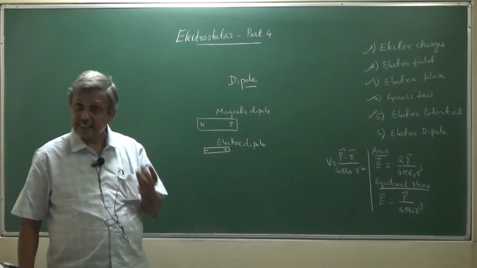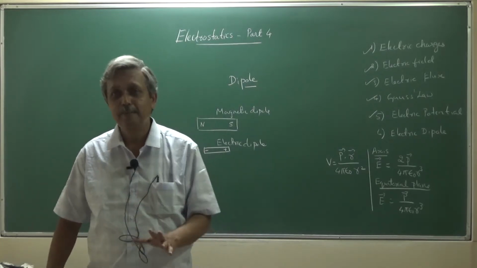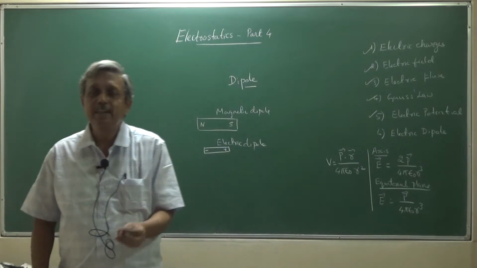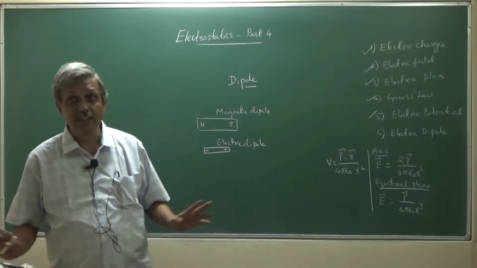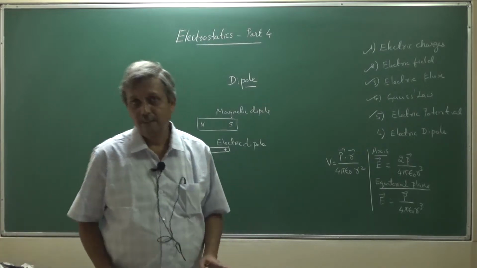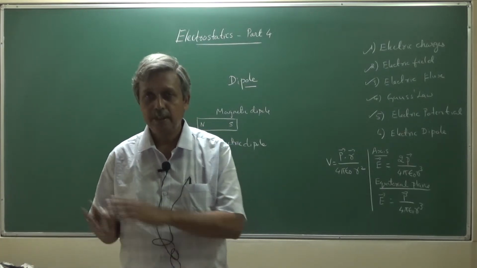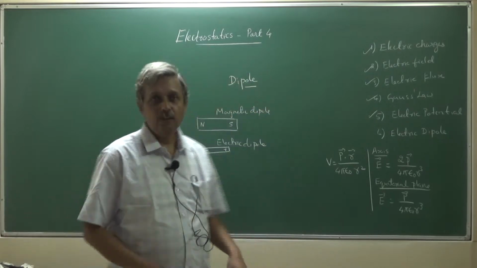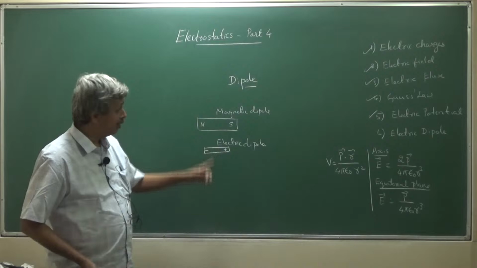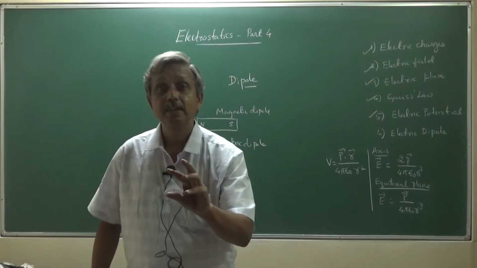In the electric case, there can be dipoles and there can be monopoles. Monopoles are nothing but the plus charge and minus charge separately available. Till now, we have always studied monopoles, which we call positive charge and negative charge, separately available. Whereas in the case of a magnetic dipole, only the dipole is available, the monopole is not.